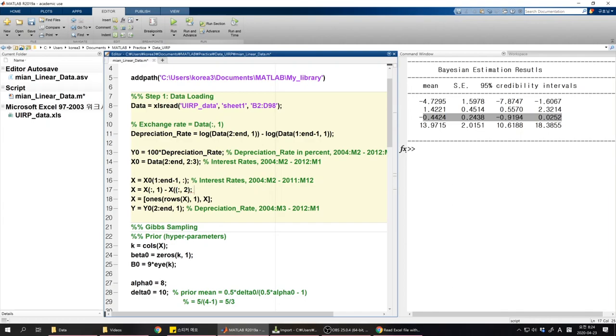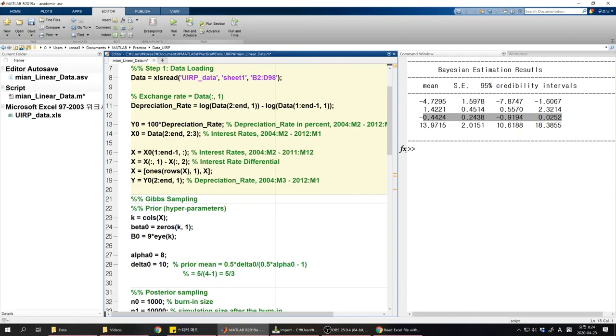Right, so then this, let's say, interest rate differential, right. Right, so then let's run this again.